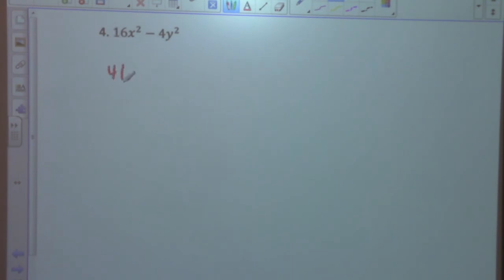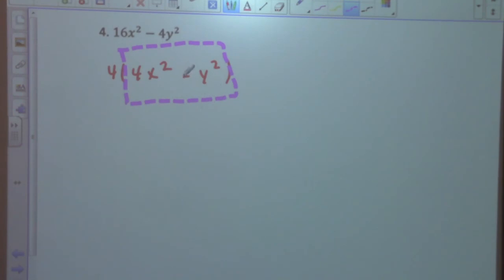Greatest common factor of 4, right? So we have 4x squared minus y squared. Does that remind you of what we did earlier? Yes. Now we factor this out. And this thing right here is a difference of squares.